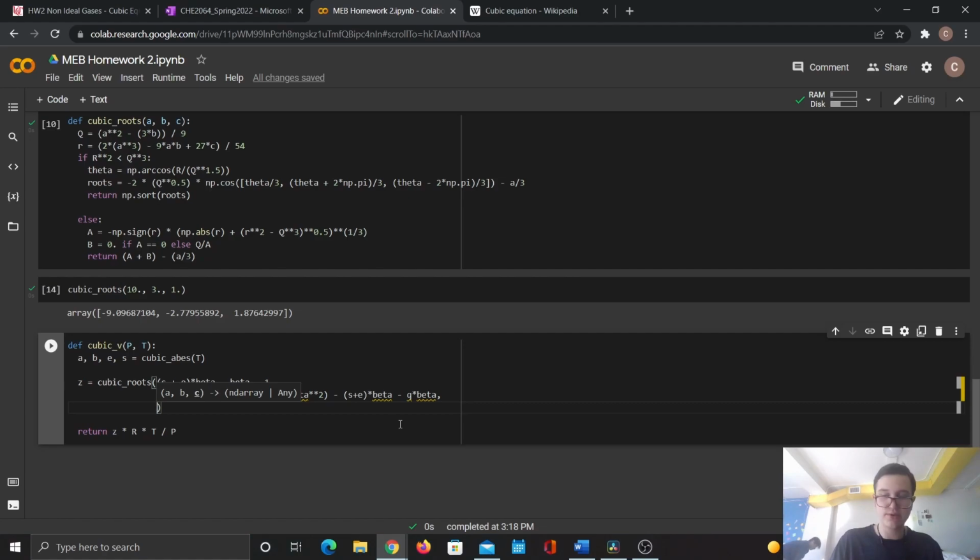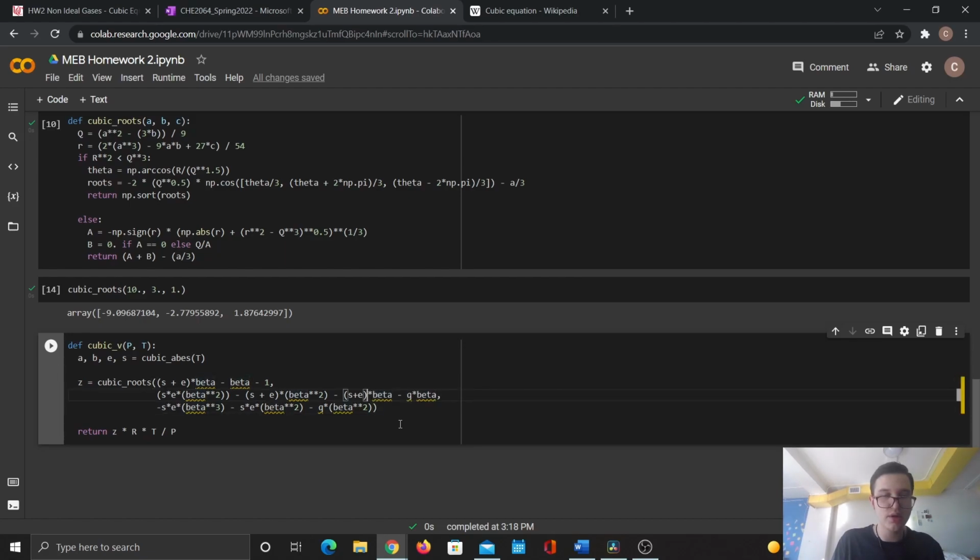So c is equal to negative, what is that? S times e times beta cubed minus s times e times beta squared minus q times beta squared.